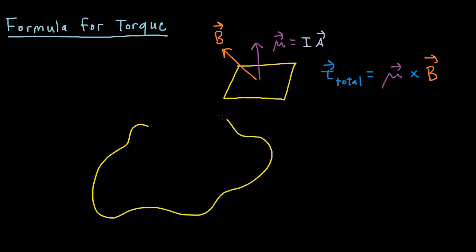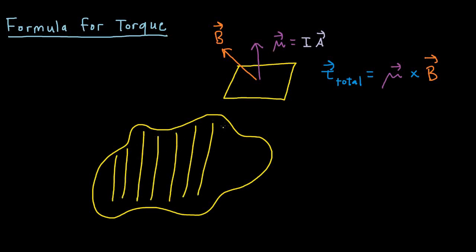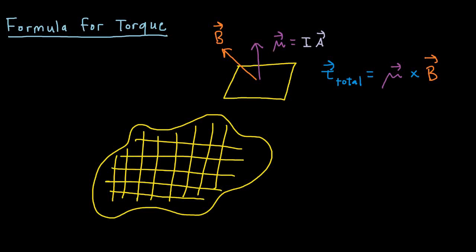So say you have your wire in any old funky shape. Now you can take this shape and break it up into a grid of little squares. So here we have a grid of squares. And if you have a current of I going around this wire, say that in every little square, you also have a current of I going around each individual little square.